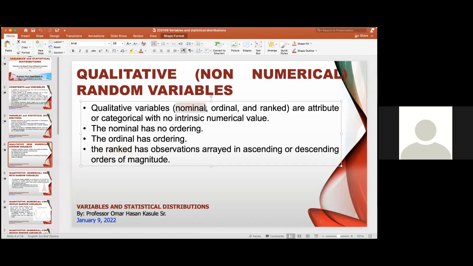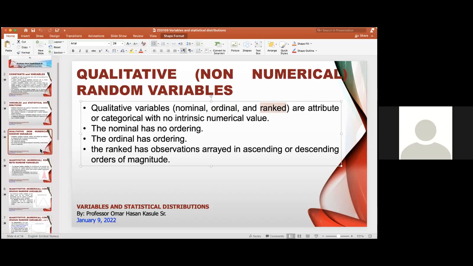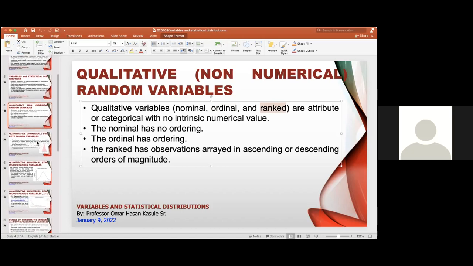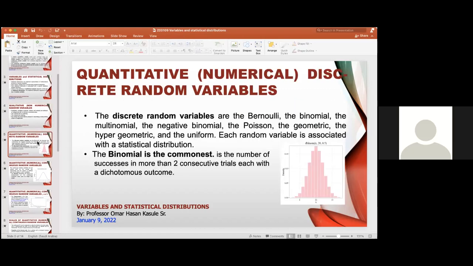Nominal, you just give a name without ordering. Ordinal has got a sense of ordering. And ranked, that's when there is like a competition and you see who is first, second, and third. So those are qualitative variables. Remember, qualitative variables have no numbers.